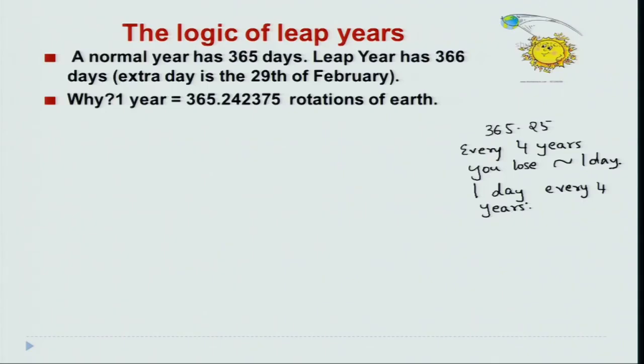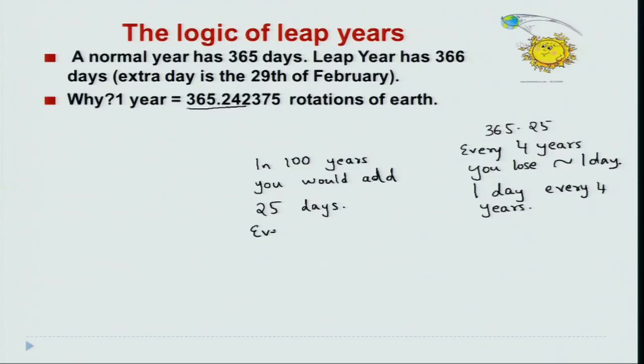So, in 100 years, you would have added 25 days, right. But that is 1 day too much, because remember that this number is only 365.24 something. So, in 100 years you should have added only 24 days, but now you added 25 days.